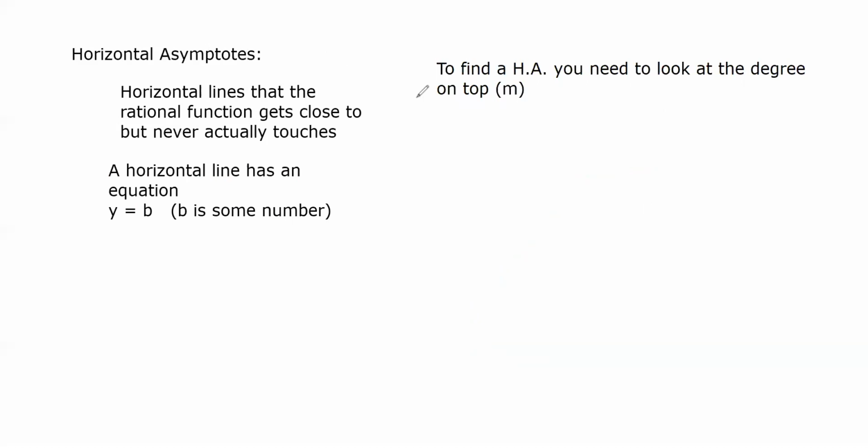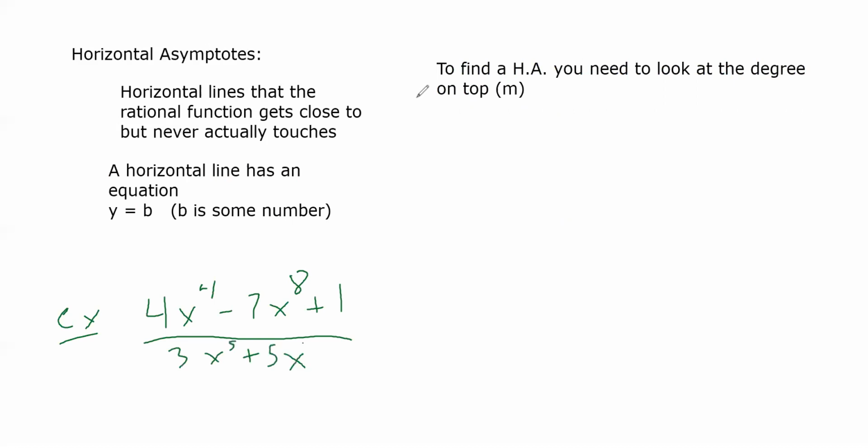So remember, if you have some kind of rational, it can look like this: one polynomial divided by another. The degree on top is going to be the highest power you see on top, which in this case is 8. The degree on bottom is going to be the highest power you see on bottom, which in this case is 5.